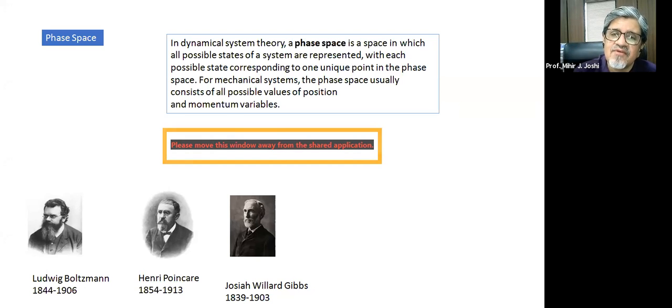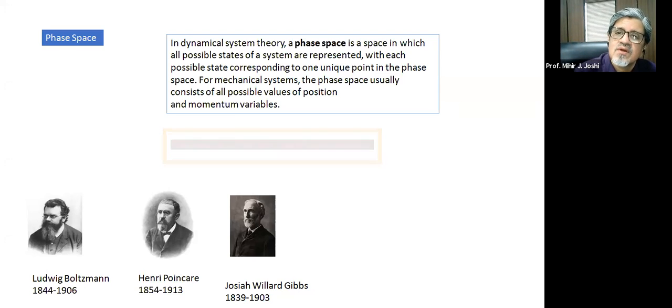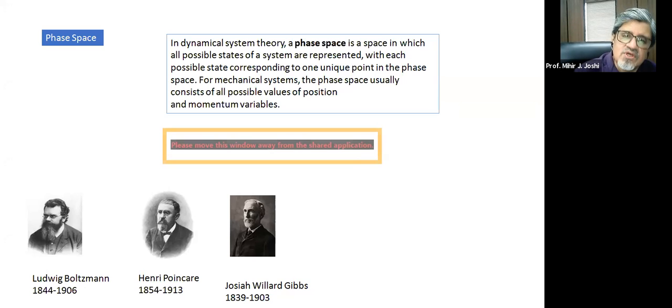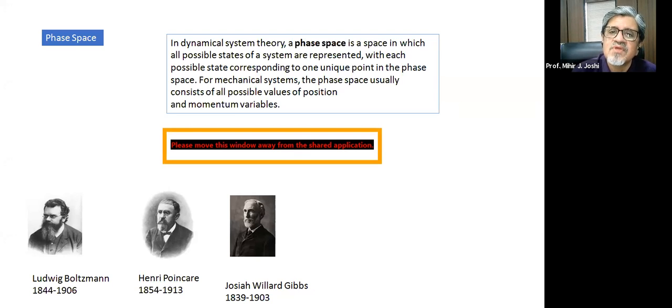And we know that in a phase space, one coordinate axis is momentum, another coordinate axis is coordinate or generalized coordinate. So x-axis is momentum, y-axis is a coordinate or generalized coordinate. So phase space is represented like that. And for a mechanical system, the phase space usually consists of all possible values of position and momentum variables.